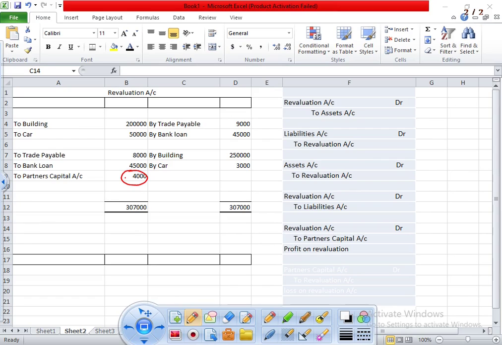And we know that when we say partners, there will be more than one party. So for this example, let's say we have two partners, partner A and partner B, sharing the profit and losses equally. So instead of writing down 4,000 here, we say partner A would get 2,000 and partner B 2,000. This is how we prepare a revaluation account.